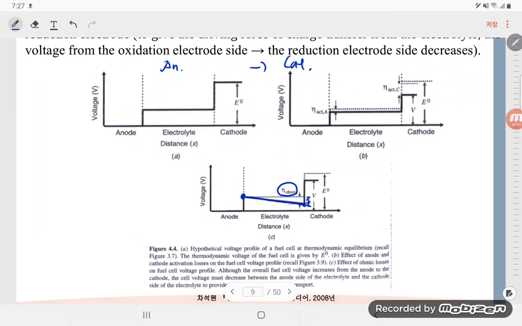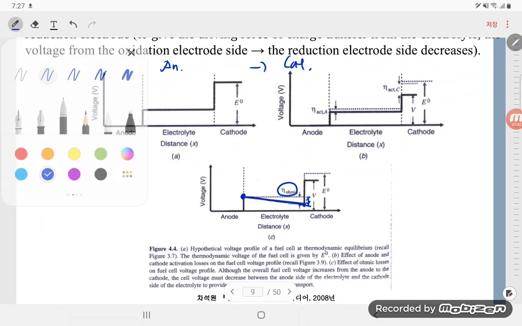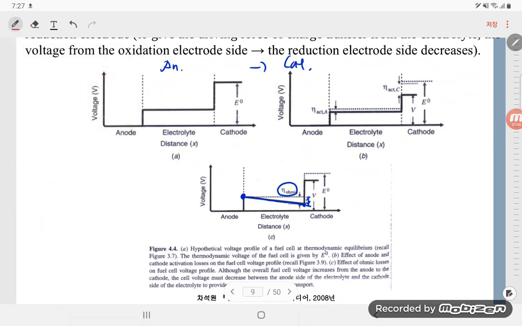Figure A is the hypothetical voltage profile of a fuel cell at thermodynamic equilibrium. B is the effect of anode and cathode activation loss on the fuel cell voltage profile.